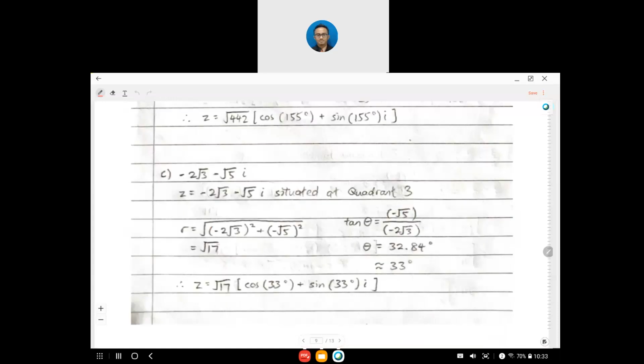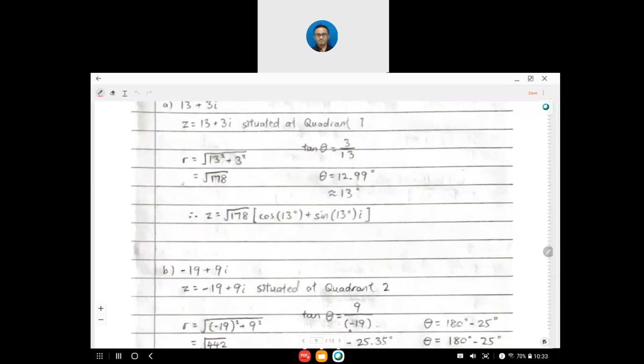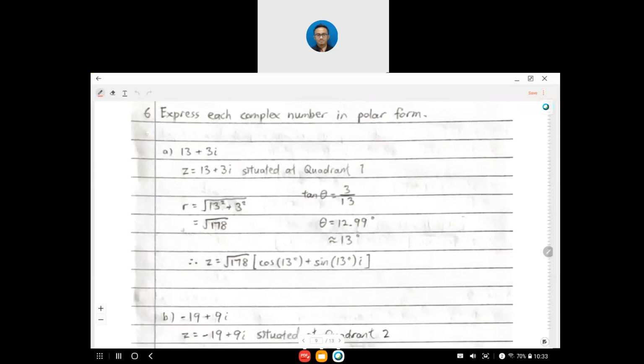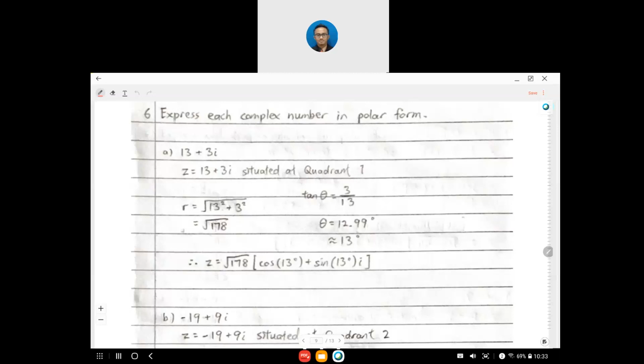Now look at question 6. Express each of the following in polar form. So we know that for polar form, you need to find what is r, what is theta.